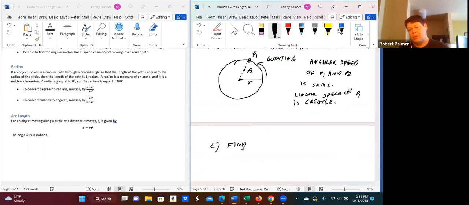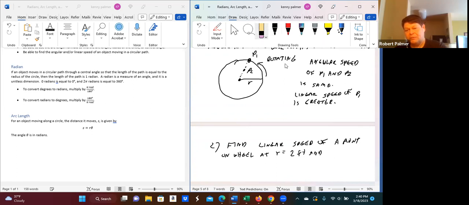Find the linear speed of a point on a wheel at a radius of, let's say, 2 feet and a radius of 3 feet.